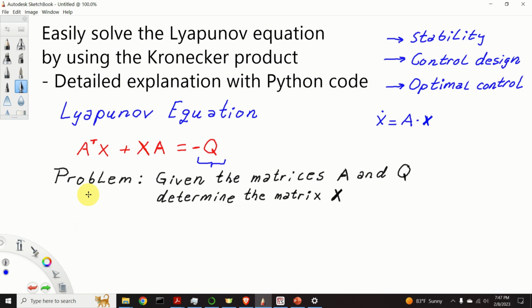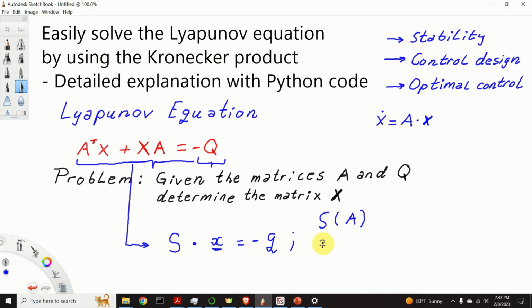Namely, I will explain that by using the Kronecker product we can transform the Lyapunov equation into a system of standard linear equations that looks like this: S times x as a vector is equal to minus q, where S is a matrix that depends on our system matrix A, x is the vectorized matrix X. I will explain the vectorization operator later on, and q is a vector obtained by vectorizing the matrix Q. And from this equation, we can simply determine x by, for example, inverting this matrix S.